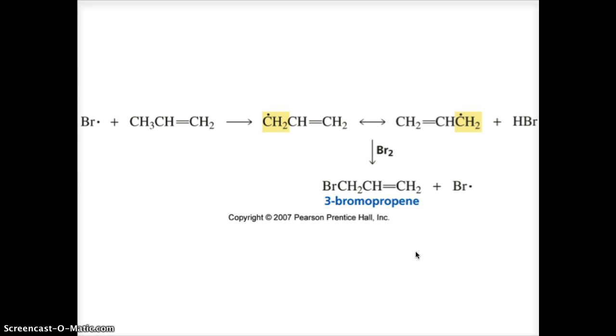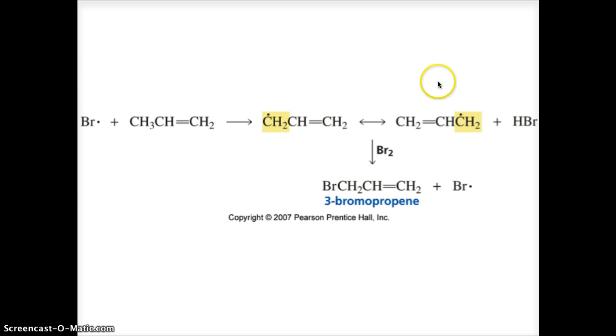Here is a radical substitution of an allylic hydrogen. If a radical abstracts a hydrogen atom from an allylic carbon, the unpaired electron of the allylic radical is shared by two carbons. So the allylic radical has two resonance contributors.